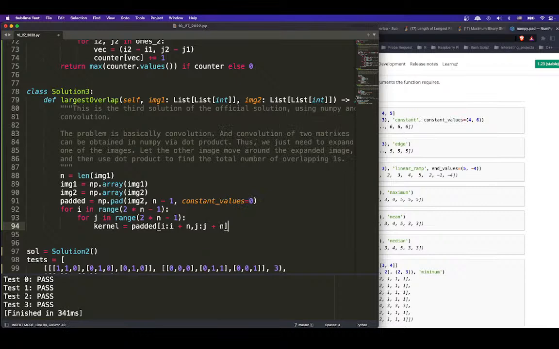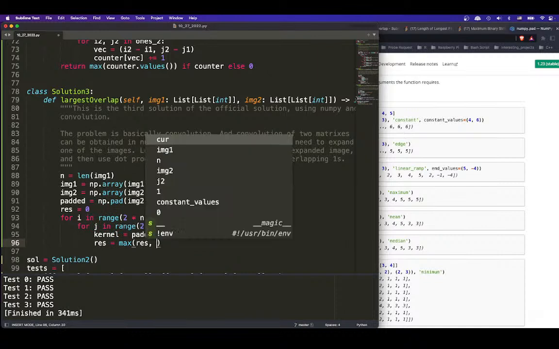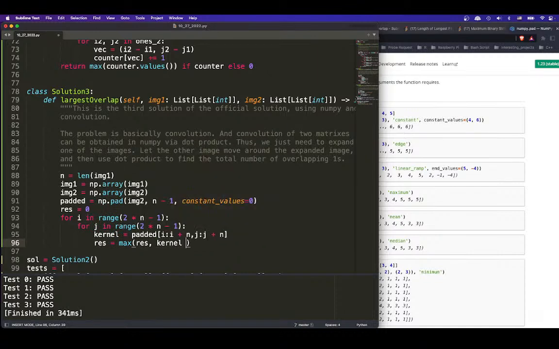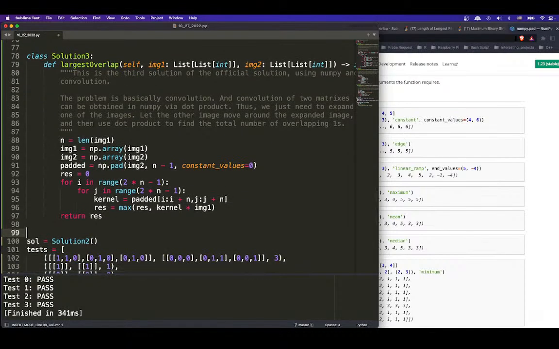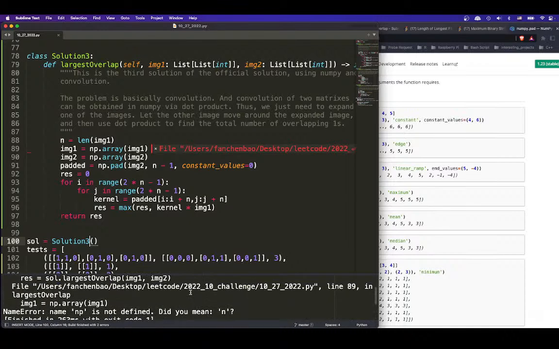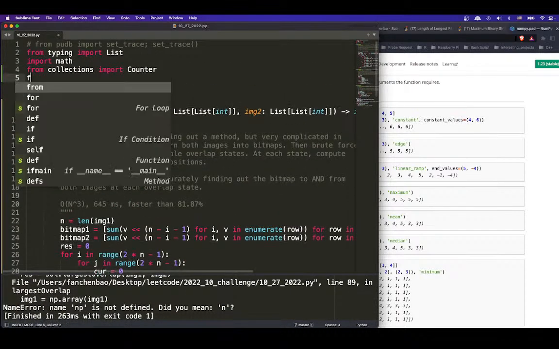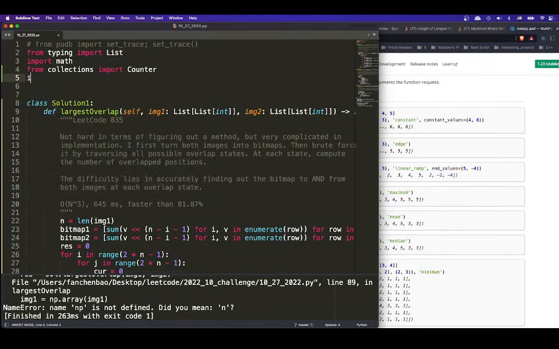So kernel, right, and then the rest equals to 0, and then we say res equals maximum res and kernel times image 1, and then we return res. Let's see. It's not defined. Of course it's not defined. No, import.